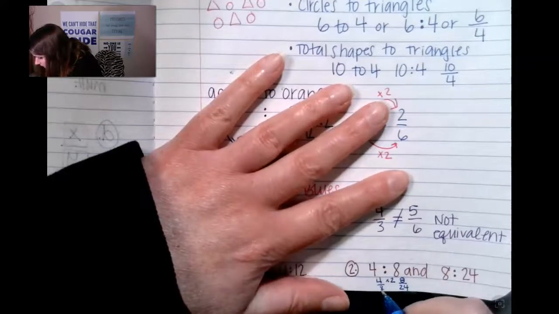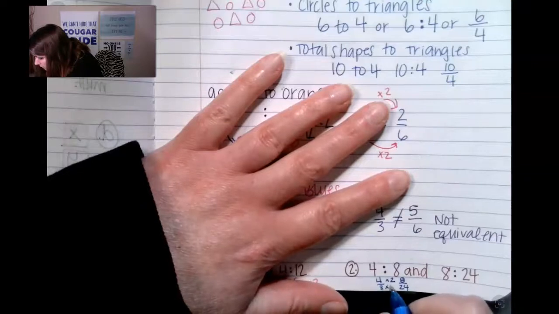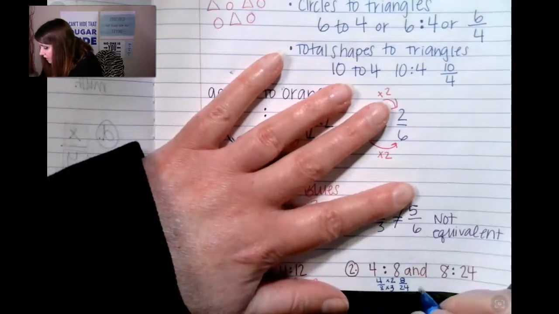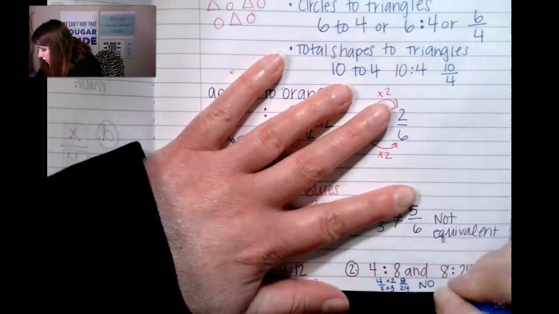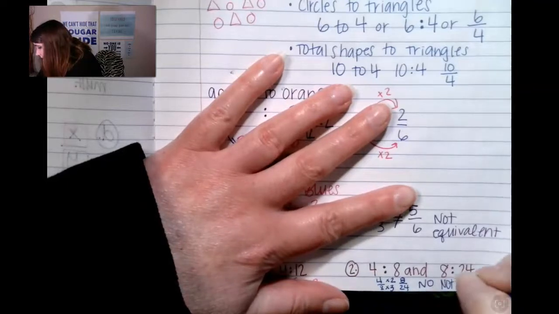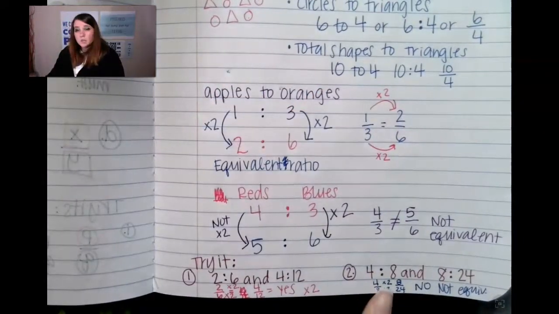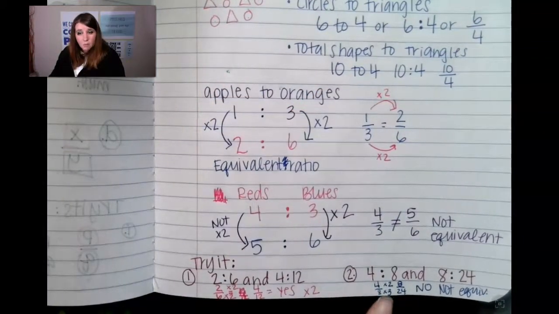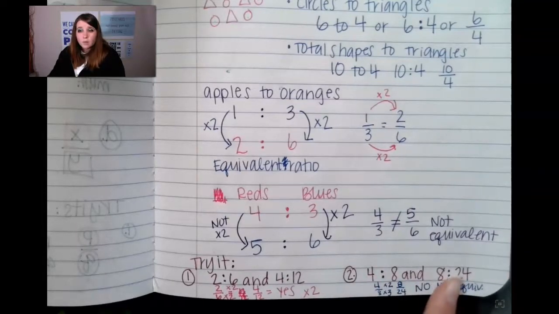And to get from 8 to 24, I multiplied by 3. So this one is no, not equivalent, because I did not use the same multiplier on the top or the bottom. So these two ratios are not equivalent.